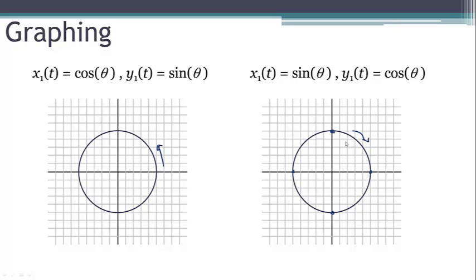So the lesson here is that if we ignore things like speed and direction and look just at the final result, the parametric representation of a specific graph isn't necessarily going to be unique. In other words, we can have one graph and represent it multiple ways using different sets of parametric equations.